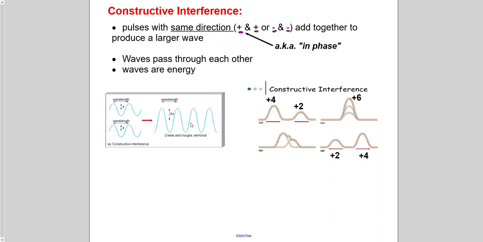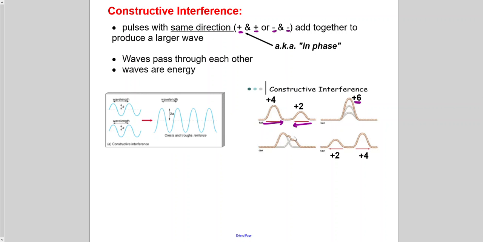So what does that mean? What it means is that they add together. The root word of constructive is construct. So they add together. In this picture, I have a wave that has a positive 4 amplitude moving left to right and a plus 2 amplitude moving right to left. When they get to the same portion of the rope, they add together, and what I observe is a wave that has a positive 6 amplitude.